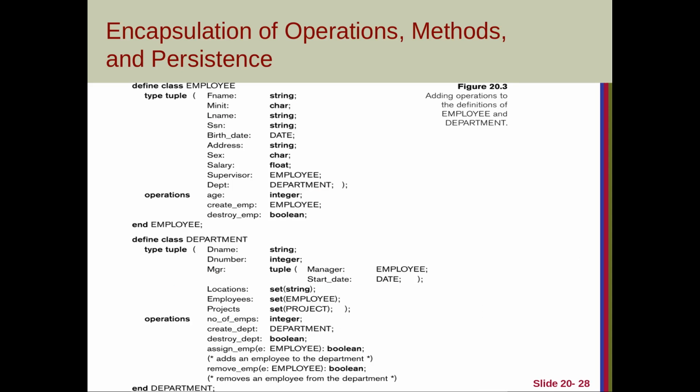Now we can see an example in which we are including operations also. In the previous video, when we were discussing the creation of an employee, we were focusing on type constructors alone, where the type consists of data elements that follow type constructors like set, array, tuple, etc. Now this example is a specific syntax using the class concept, where we create a class type structure, and inside the class structure we define a number of instance variables, and along with the instance variables we also add a number of operations.